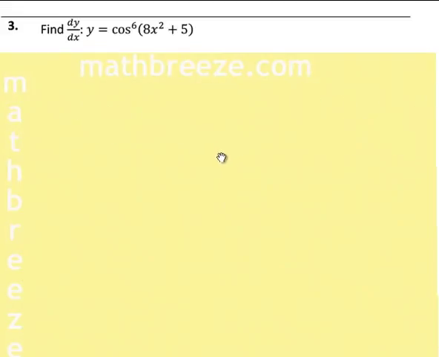Here we're taking the derivative of a composite function. Let's remember the derivative of cosine is minus sine. So I'm going to start by rewriting this exponent notation using the usual bracket notation instead.